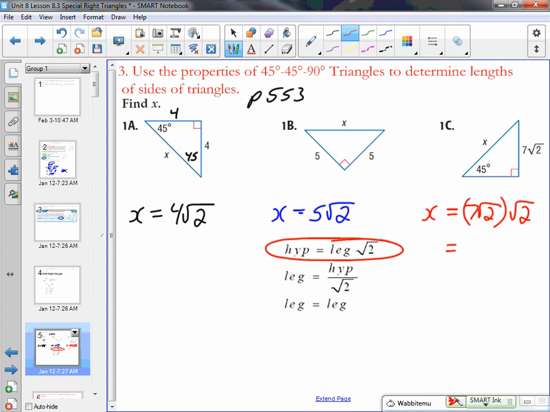Now, I do want you to simplify this because you don't need a calculator. You don't need to be an expert on how to work with radicals. What's the square root of 2 times the square root of 2? 2. It's just like the square root of 2 squared, isn't it? So it's 2. And there we are.